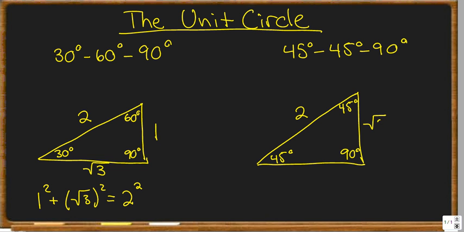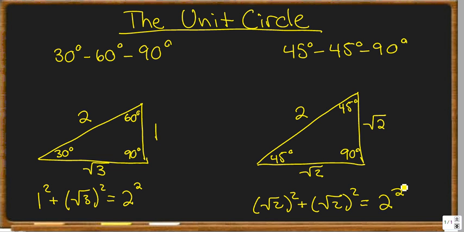This would be the square root of 2 and the square root of 2. You can see that this still works because the square root of 2 squared plus the square root of 2 squared equals 2 squared, because this is going to be 2 plus 2 equals 4. And so this also works. And you'll see how this repeats throughout our circle.